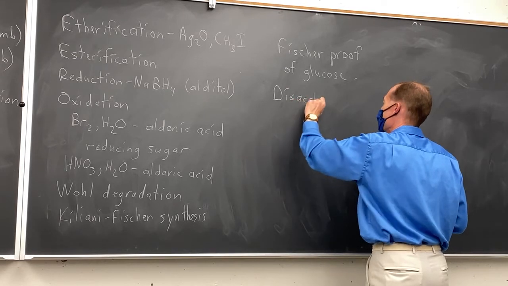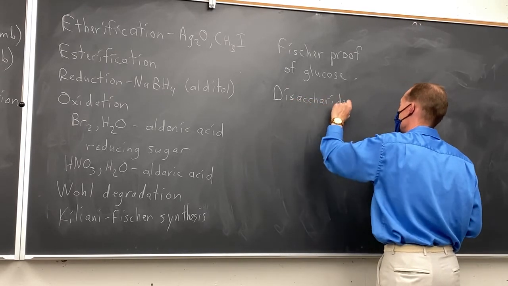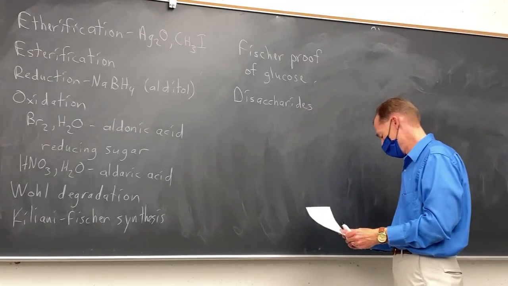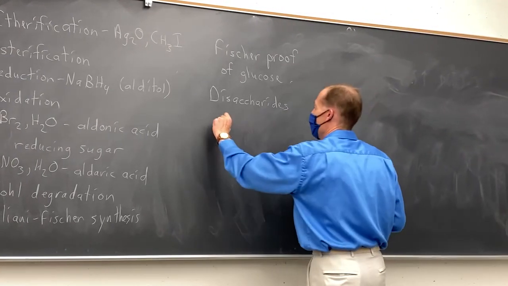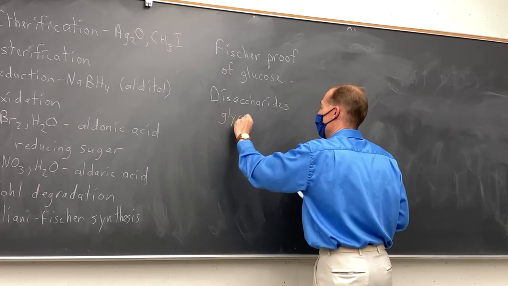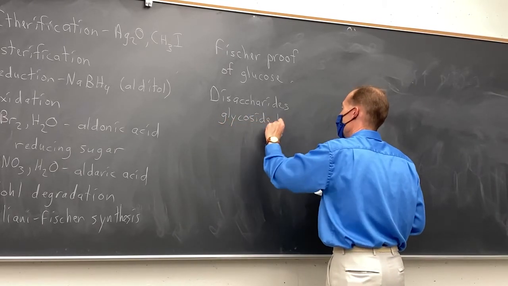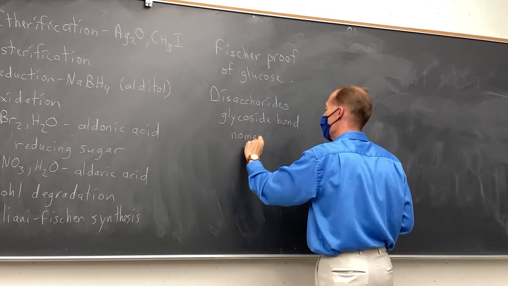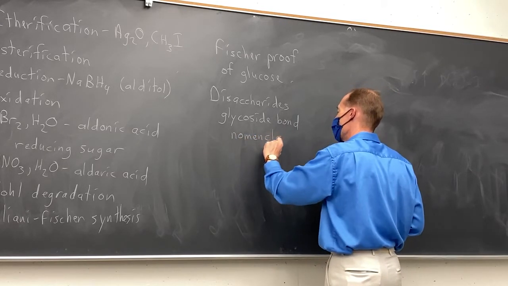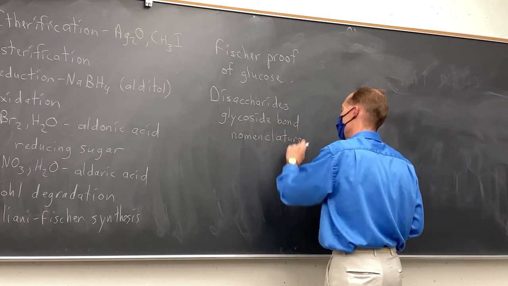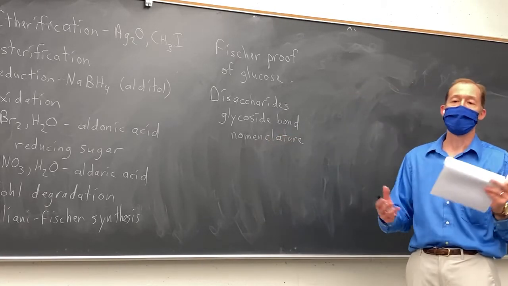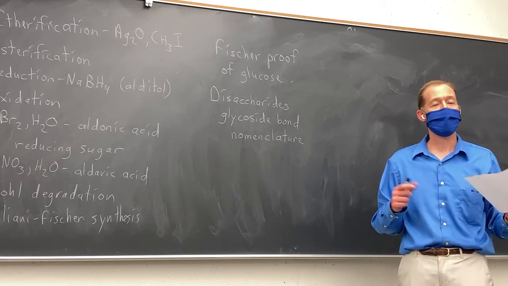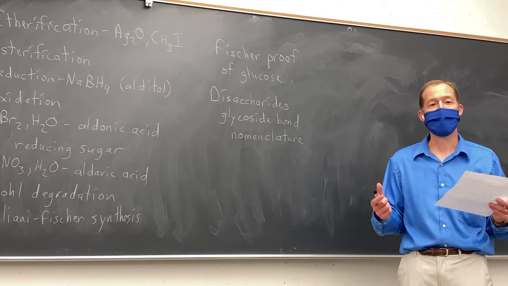Then we talked about disaccharides. And the important things to understand with disaccharides are the glycoside bond nomenclature. So how we refer to the location of the glycoside bonds. So which alcohols are involved in the glycoside bonds, as well as the stereochemistry of the glycoside bond, whether it's alpha or beta.